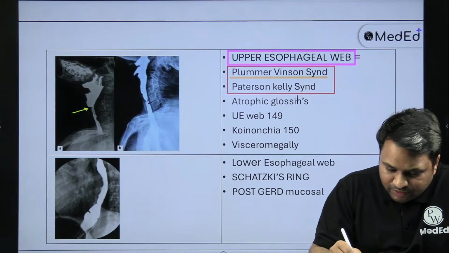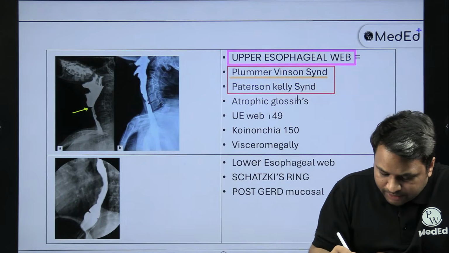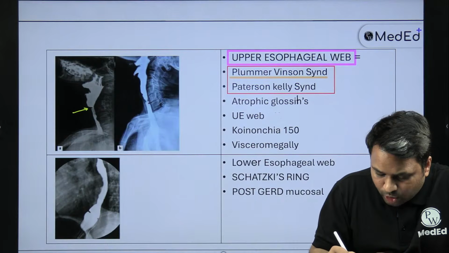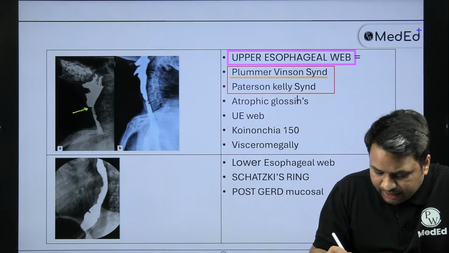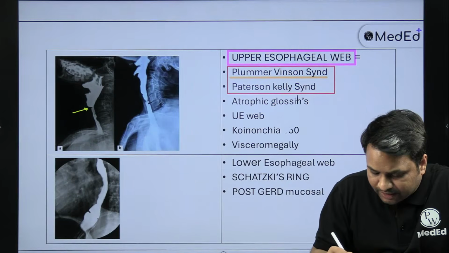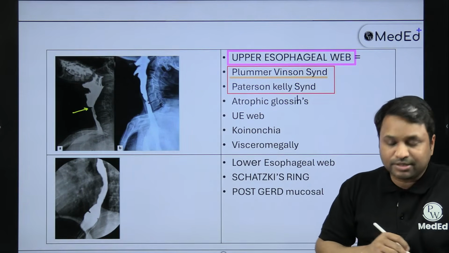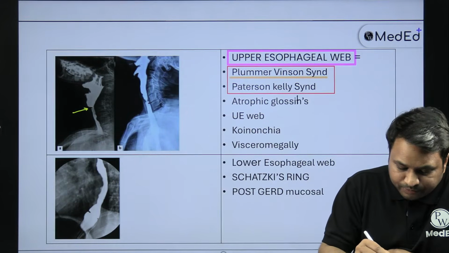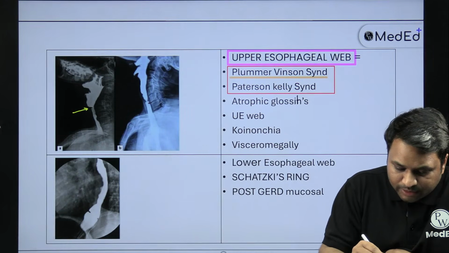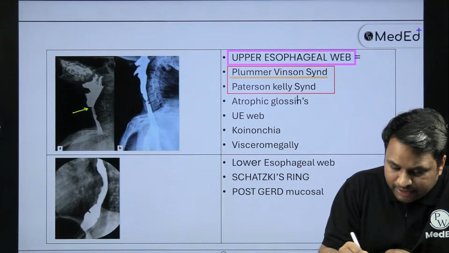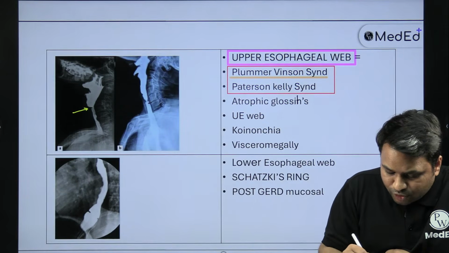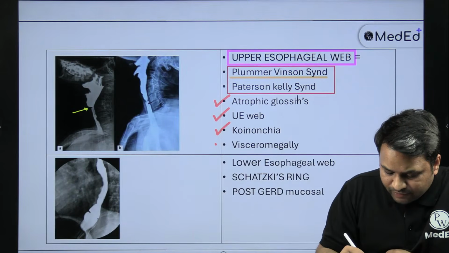Upper esophageal web, koilonychia, that is the nail deformity, and splenomegaly. So the conditions which are associated with the Patterson-Kelly syndrome: the atrophic glossitis, upper esophageal web, koilonychia, and the splenomegaly.